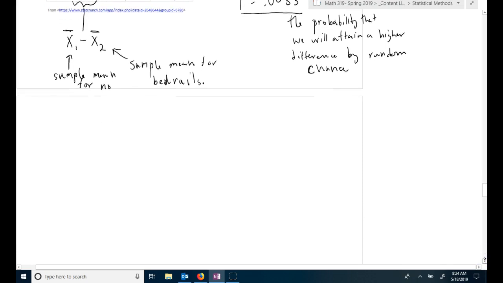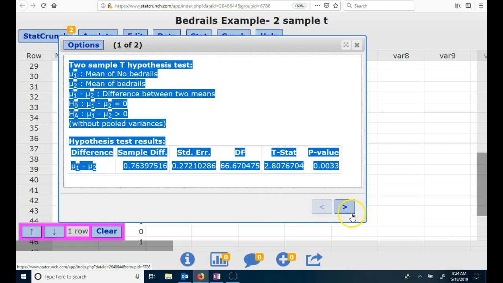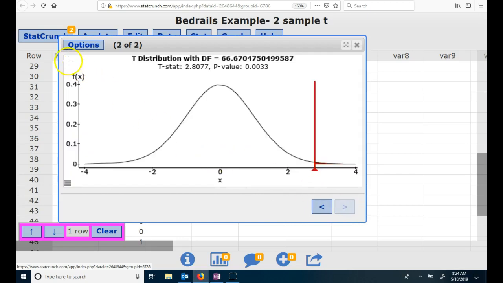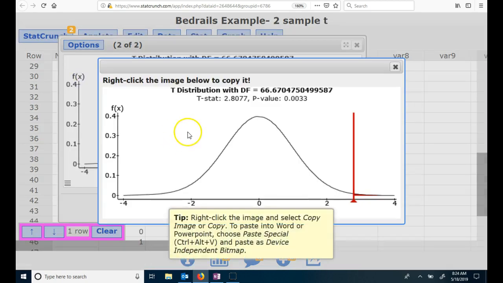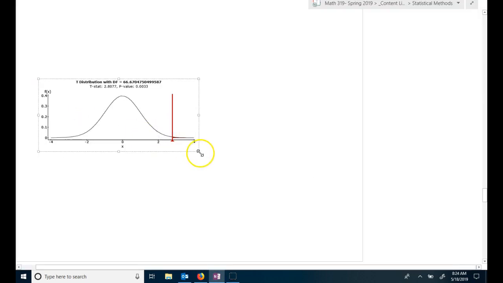All right, now let's take a look. There was another thing that actually got pulled out of here, and if you remember, I did a p-value plot, and that's what this thing is. So I'm going to copy. Let's take this.